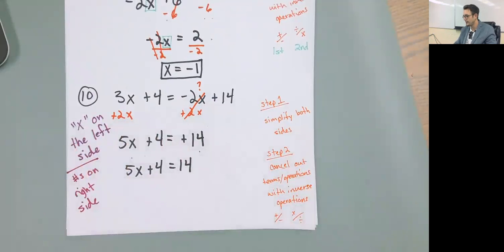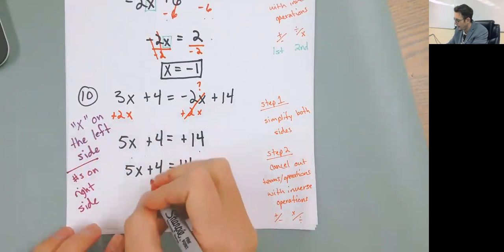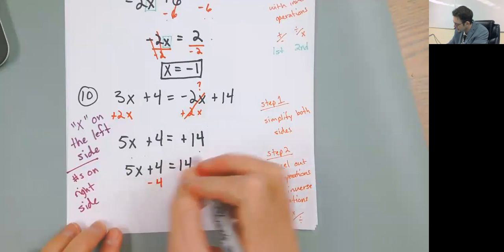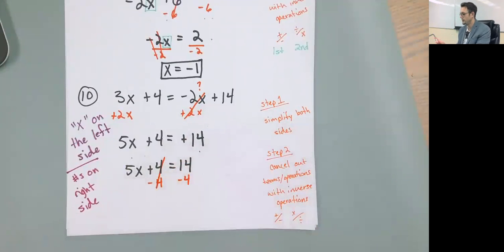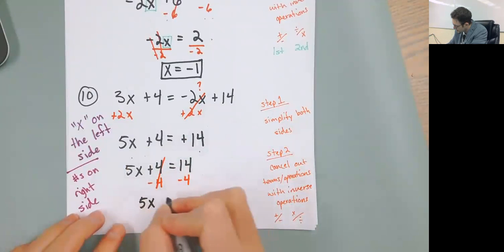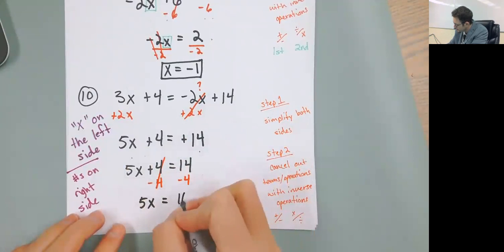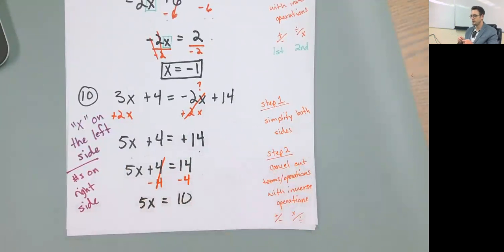So I need to get this positive 4 out of here. Now I got 5x equals 10. 14 minus 4 is 10.